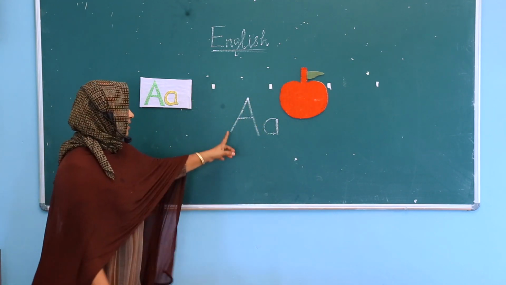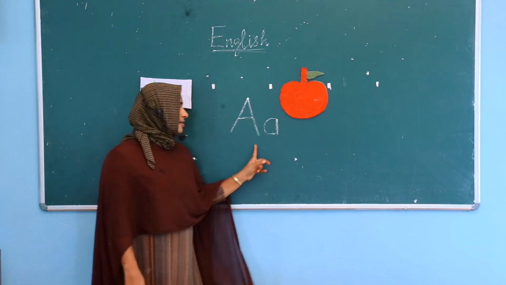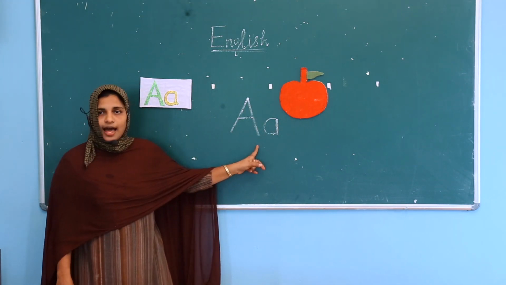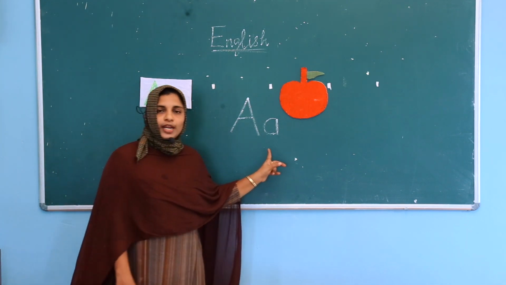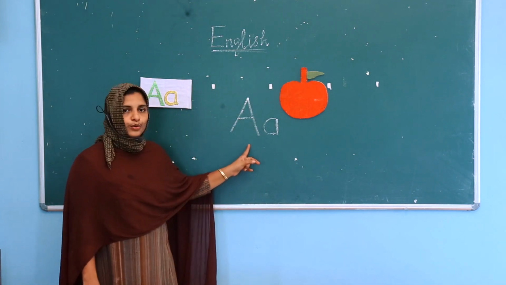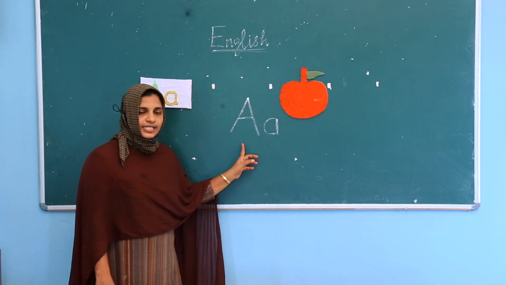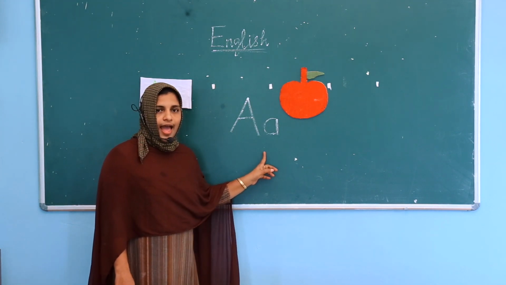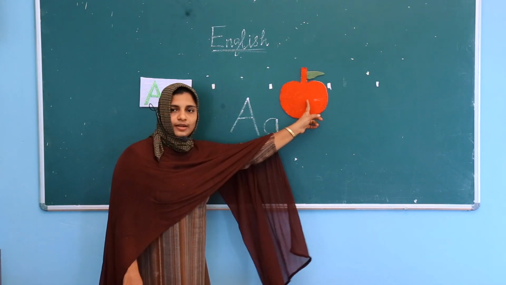Look here. Apple. A. Then I will say the letter sound. What is the sound of A? A. Sound of A. A. Once more. Sound of A. A. Apple. A. Apple.